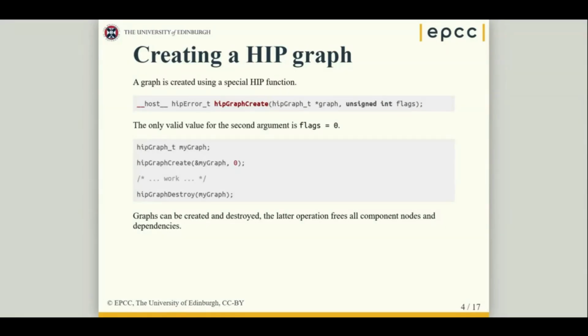The arguments will be the graph and the flags, and here the flags will be 0. You see here the declaration and the creation. Again, every time that you create something, you need to destroy or release or free it. You see here that the graph is passed by reference with this ampersand, and here it is not needed.